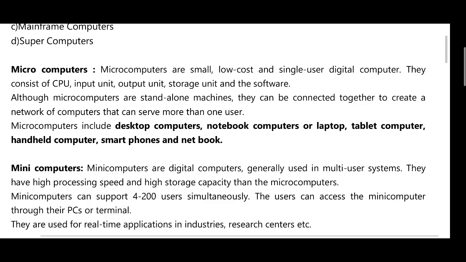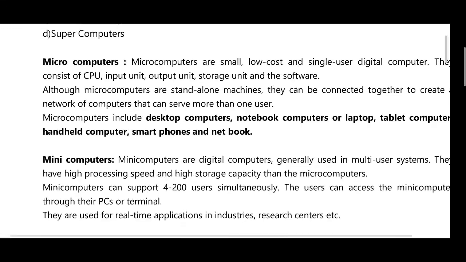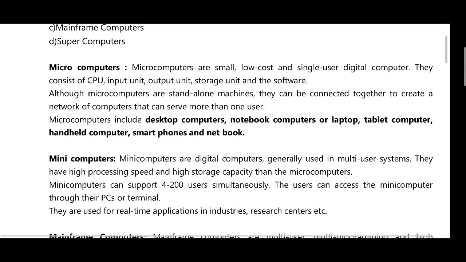Here, the digital computers are the general computers. In the digital computers, we have classified into four. The first one is the microcomputer. The microcomputer is smaller in size, low cost, single user.